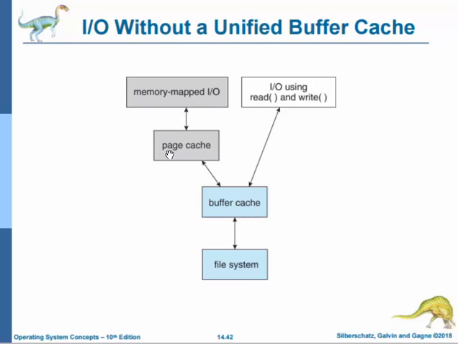A memory mapping proceeds by reading in the disk blocks from the file system and storing them in the buffer cache. And because the virtual memory system does not interface with the buffer cache, the contents of the file in the buffer cache must be copied into the page cache, and this situation is called double caching, which requires caching file system data twice.